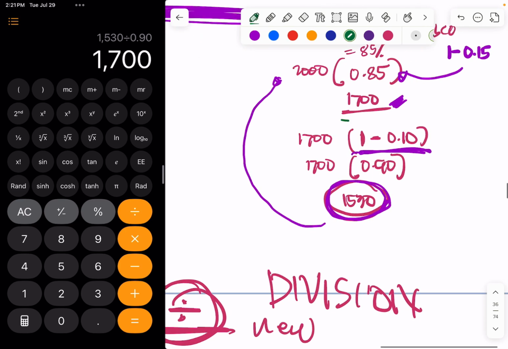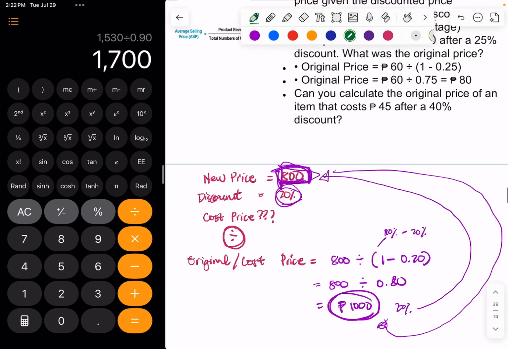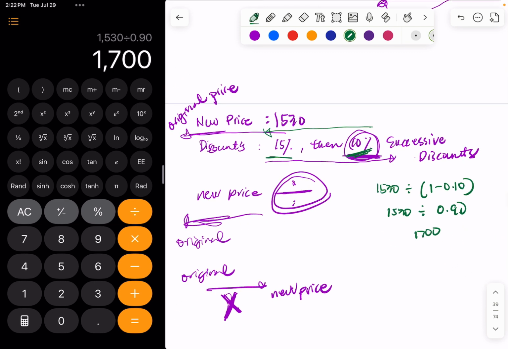So here, sakto, nanatay 1,700. Then we apply the next discount, which is in this case, this one, si 15%. So si 1,700 divided by 1 minus 0.15, that is 0.85.